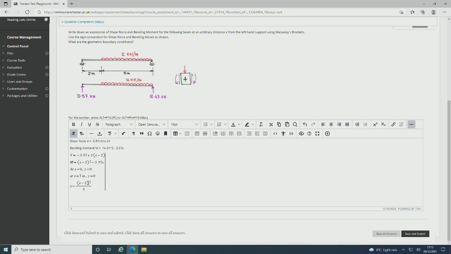But not tomorrow. Tomorrow probably what I'll do is the first bit, write down the moment expression and equate it to EI d2y/dx2 or something. So finding out the moment equation using Macaulay bracket, finding out shear force equation using Macaulay bracket, boundary conditions. So these are the type of questions you may expect.